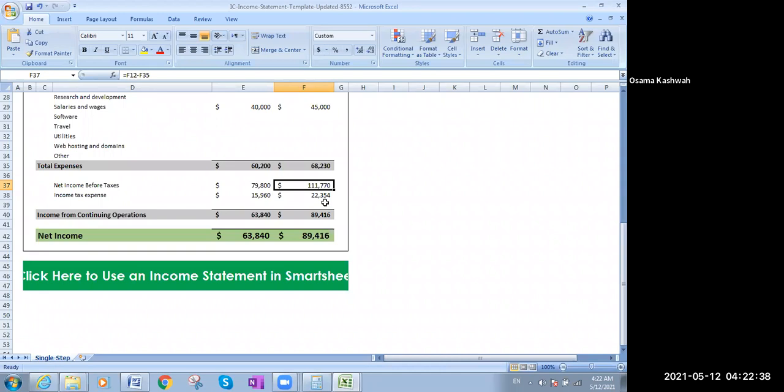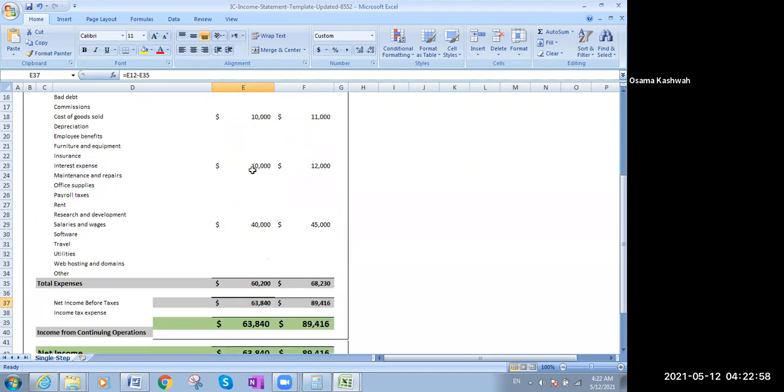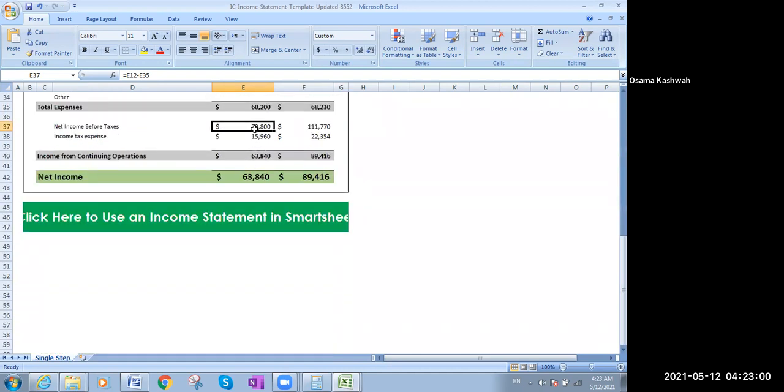Now, if I know the taxes, or I calculated the taxes and I found that the taxes were 15,960, or maybe we will say that I give it 10% of the net income, then this cell will be E37, the total amount of income tax expenses.